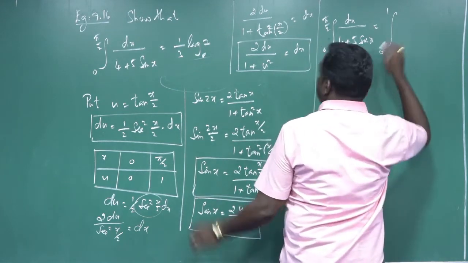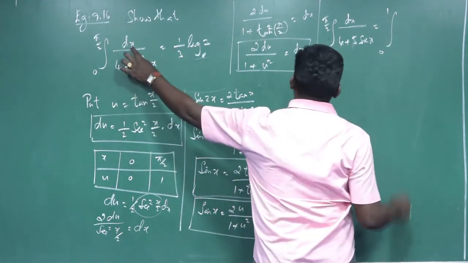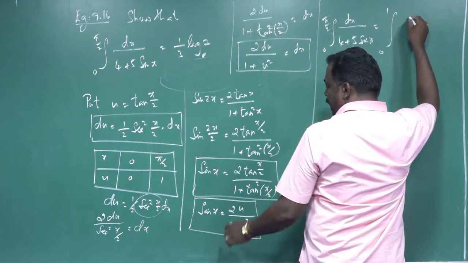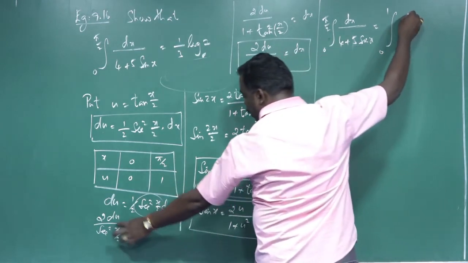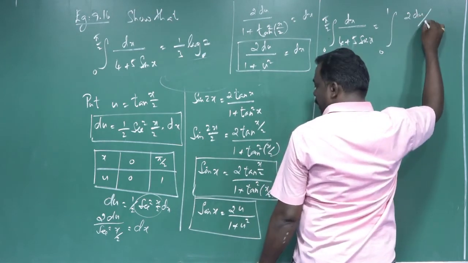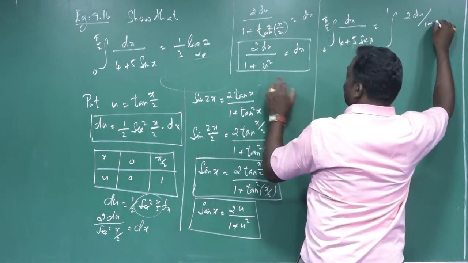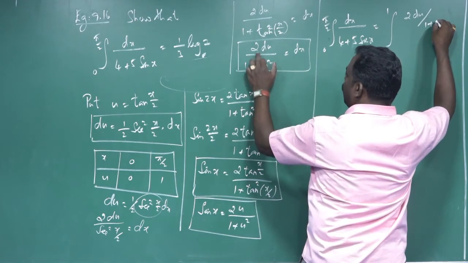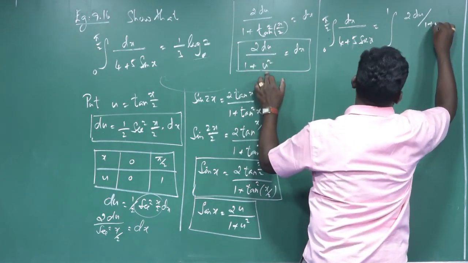Then in the numerator, dx is equal to 2 times du by 1 plus u square.